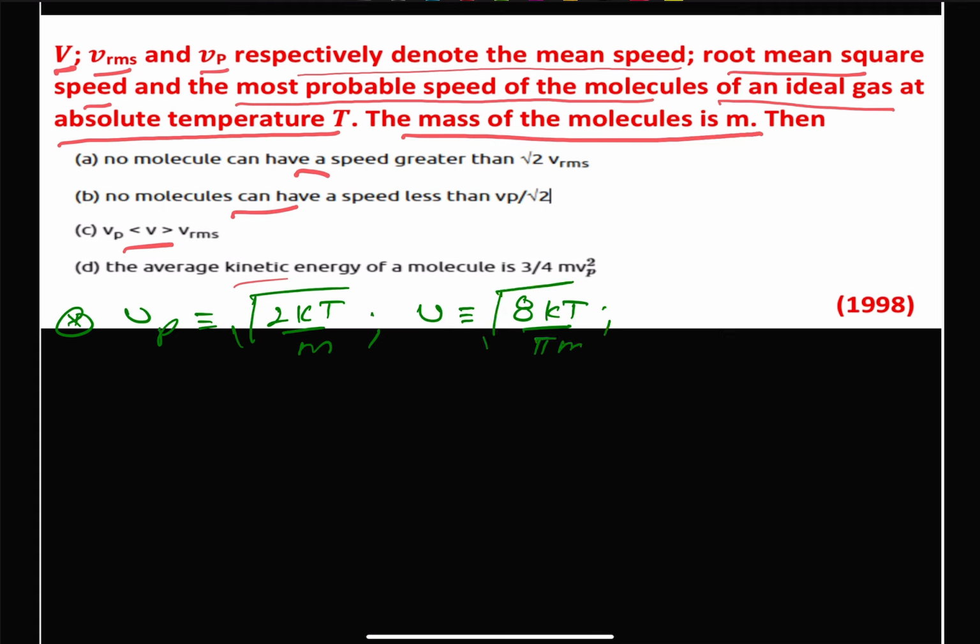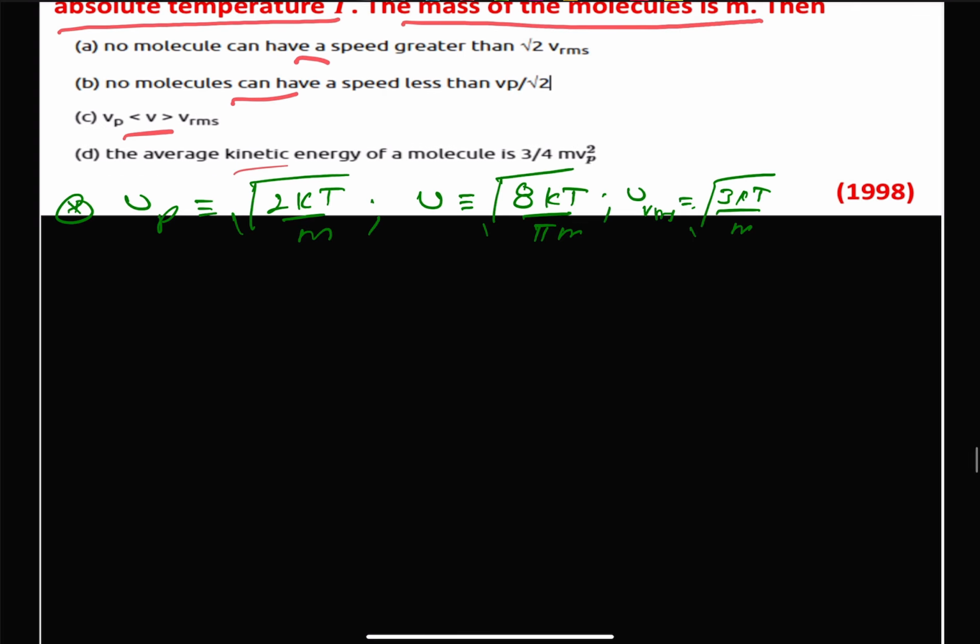And then we are having Vrms, which is equal to square root of 3 kT divided by m, where k is our Boltzmann constant, m is the mass, and T is the absolute temperature. Now we simply compare them and we can get the answer directly.